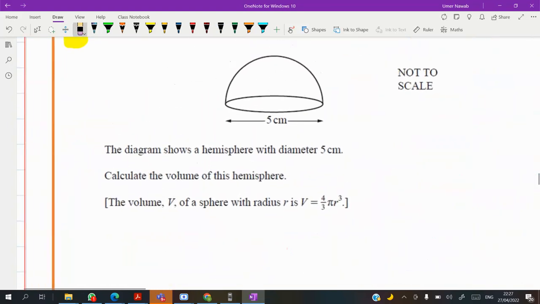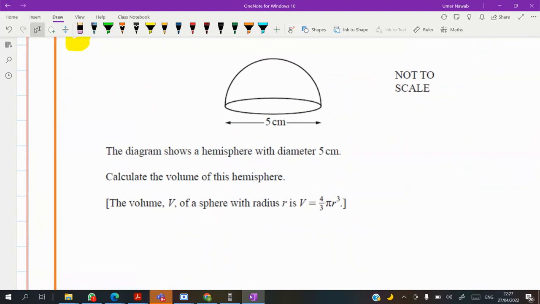The first question is that a hemisphere has a diameter of 8. So if the diameter is 8, then our radius will be 2.5. Now, if your radius is 2.5, as I told you, in the exam he will give you the volume of a sphere.